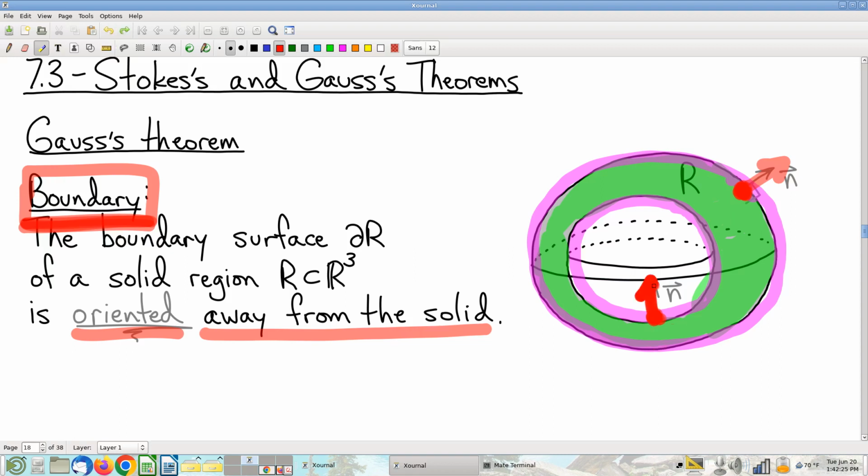Away from the cantaloupe, away from the solid would be that way, which I think most people would call inward. So be careful with this seeming simplification of calling it outward. That's just not true, right? It's not always outward. It is always away from the solid. Everybody see the distinction? Questions?